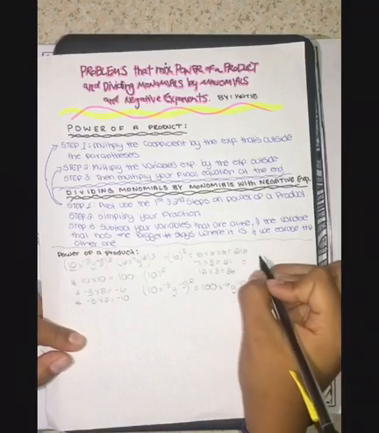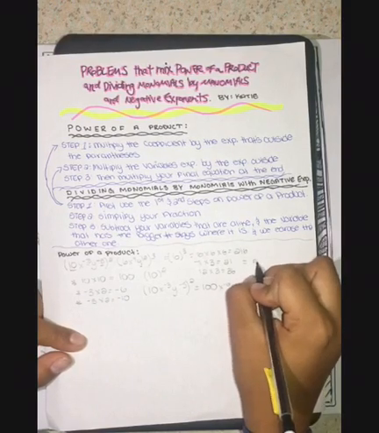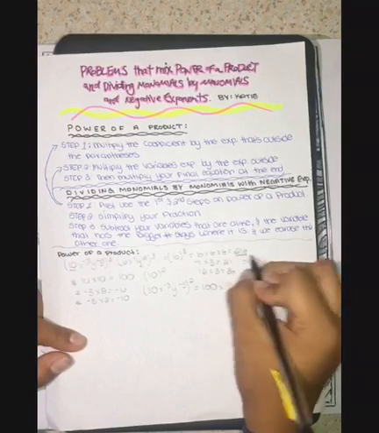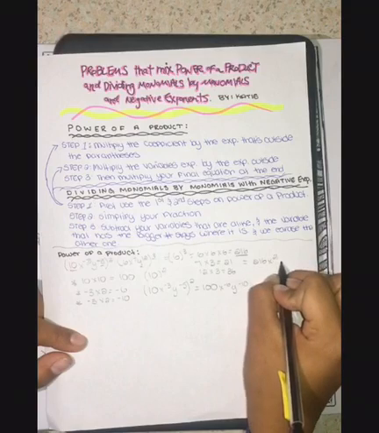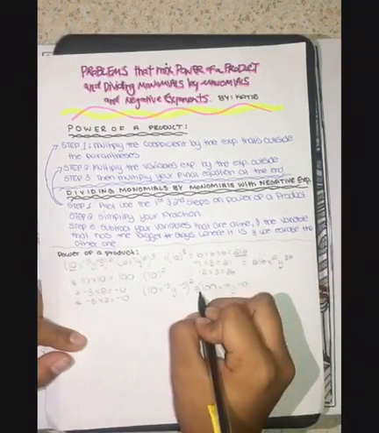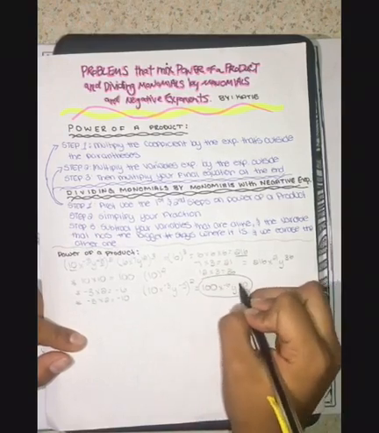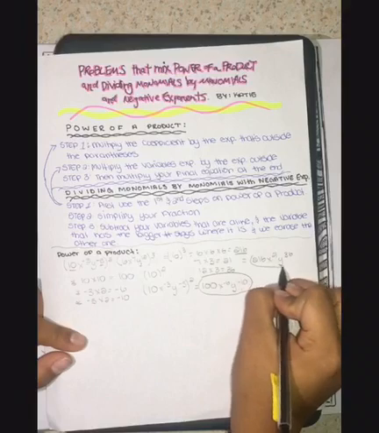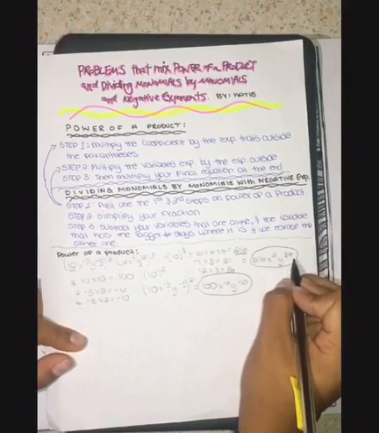And this equals 216 x to the 21, y to the 36. So these are our final answers: 100 x to the negative 6, y to the negative 10, and 216 x to the 21, y to the 36.